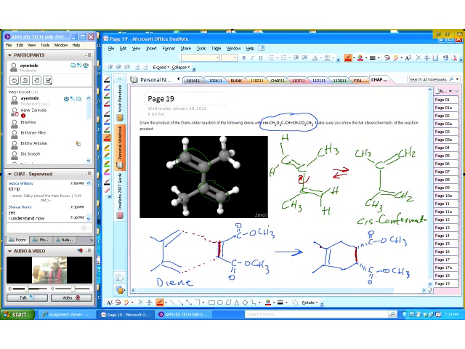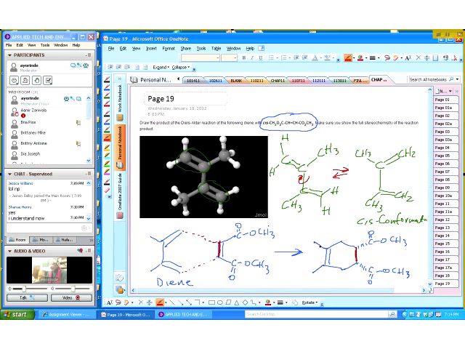Well, in this particular instance, this methyl group and this methyl group are attached to the carbon-carbon double bond. Keep in mind that this carbon is sp2 hybridized, and this carbon is sp2 hybridized. So in essence, this would be a planar molecule right here.